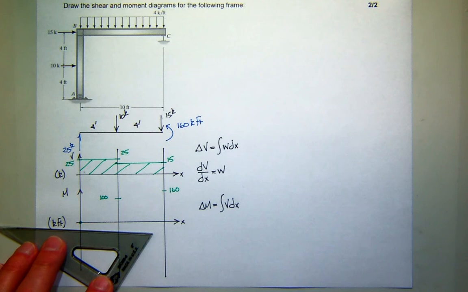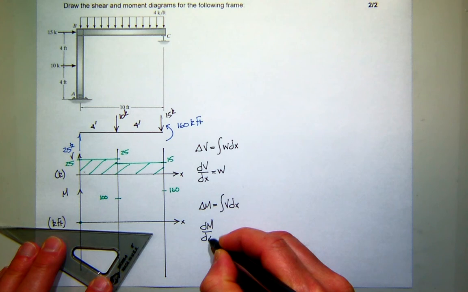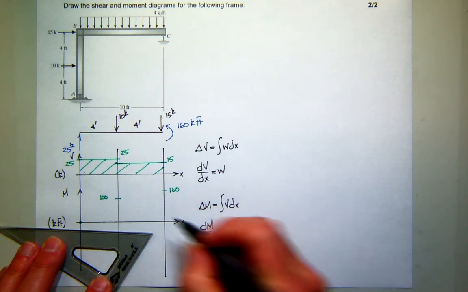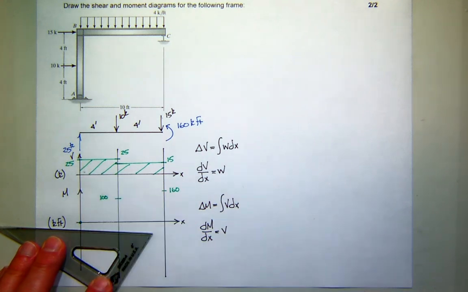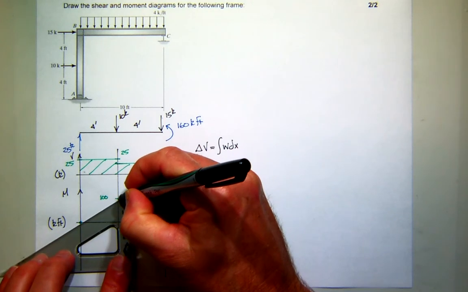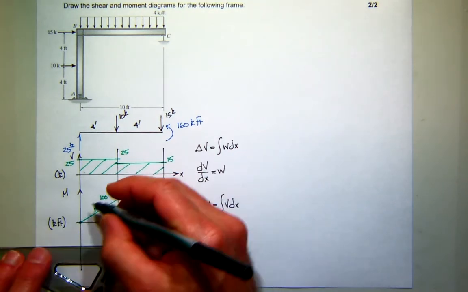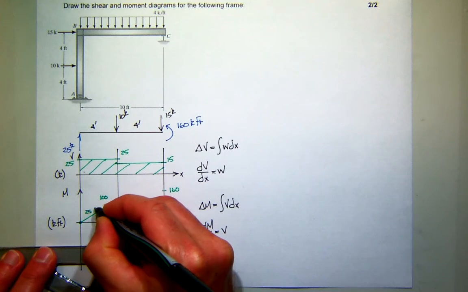What's the slope of my moment diagram? Well, by definition, the slope at any point is the shear. And the shear is constant, positive, and equal to 25. So I get this line. And if I ask you what the slope was, it would be 25 to 1.